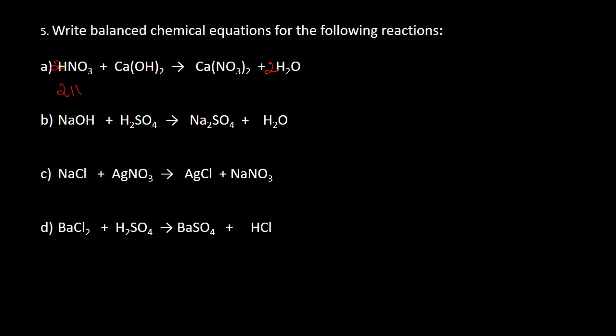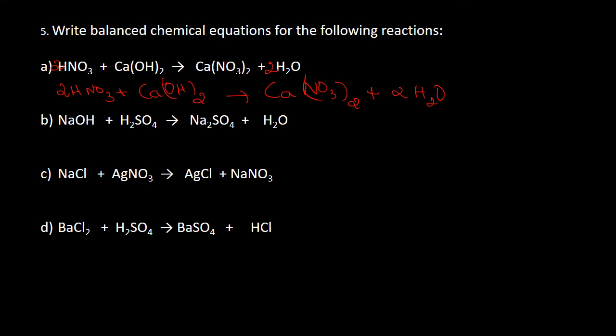So, 2HNO3 plus Ca(OH)2 gives Ca(NO3)2 plus 2H2O. Let us check whether it is balanced or not. You might have confusion about the OH ion.